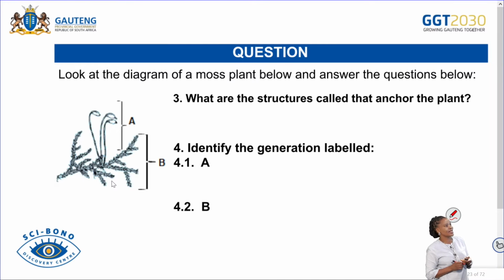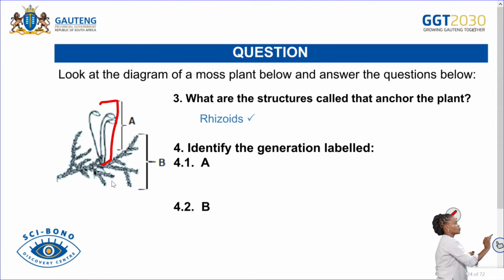What are the structures called that anchor the plant? Those structures are called the rhizoids, not the roots. Remember, grade 11s. Identify the generation labeled A. So generation labeled A starts from here and ends there. And you also need to identify generation labeled B. Generation labeled B is the one which has leaves.